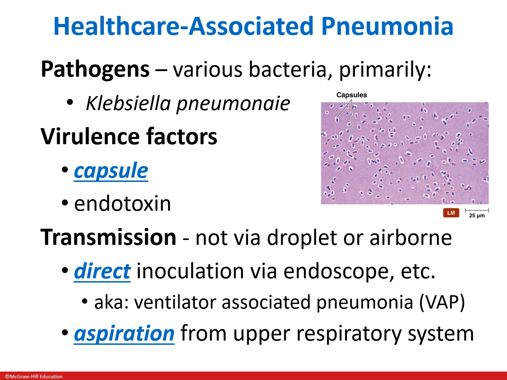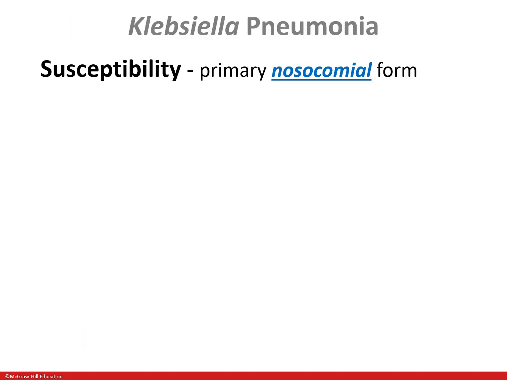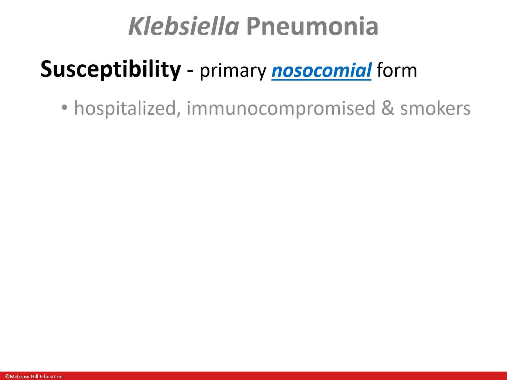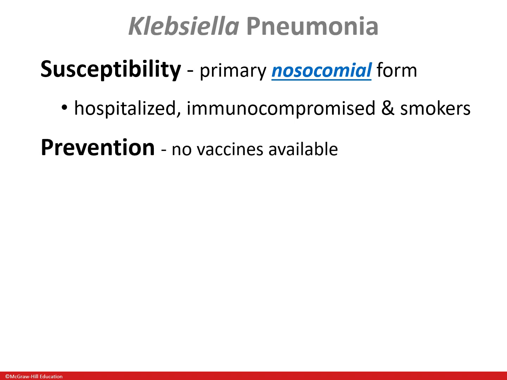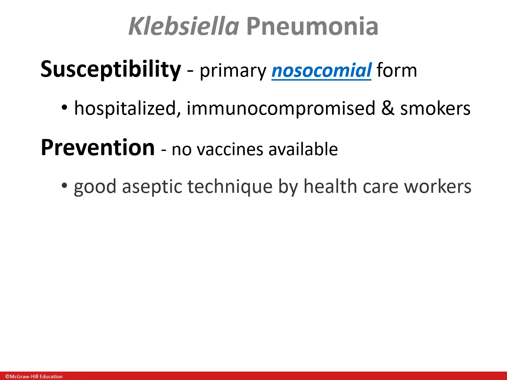The other way that it's commonly associated with hospital settings is that patients can aspirate bacteria from their upper respiratory system down deeper into their lower respiratory system. So because this is primarily nosocomial in nature, either hospitalized or immunocompromised and smokers are going to have the highest susceptibility to this form of bacterial pneumonia. So we don't have any vaccines against Klebsiella.